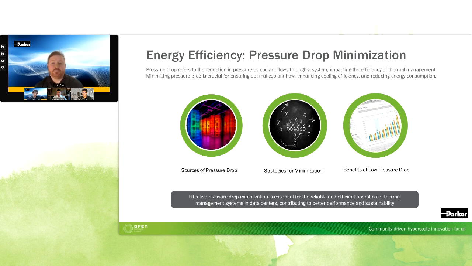The benefits that come from these areas of improvement start with increased efficiency overall within your system. When you reduce the amount of pressure drop, you're going to have a lot less energy consumption in your pumps, and you're going to see overall system efficiency gains. You're also going to see improved cooling performance, with constant flow rates.